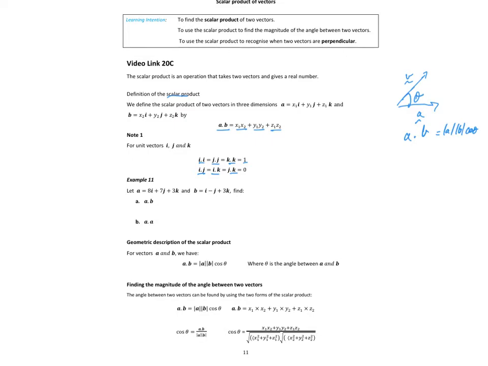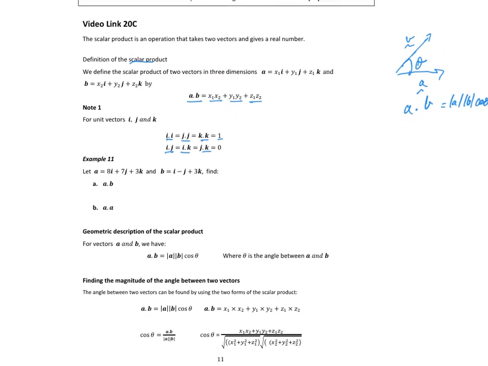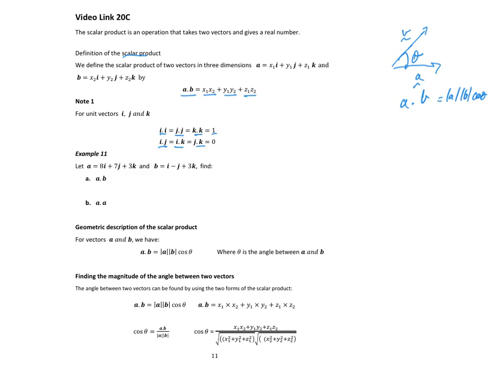Let's have a look at an example first, and we'll talk more about its properties. A dot B is simply equal to 8 times 1, which is the I components, 7 times negative 1, the J components, 3 times 3, the K components. That's 8 minus 7 plus 9, which is 10.